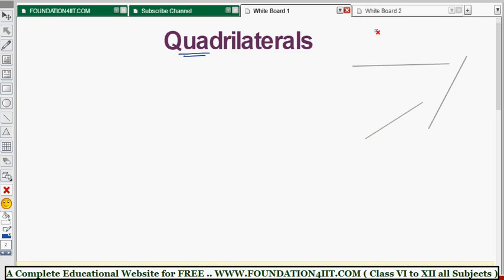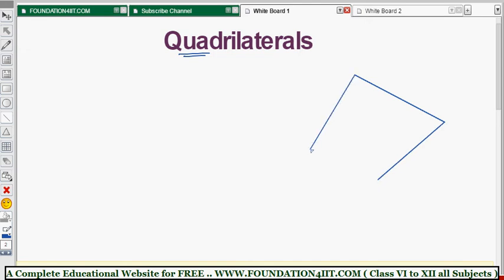First of all, it's a closed figure, having four sides, four line segments. Taking one shape, 1, 2, 3, 4.